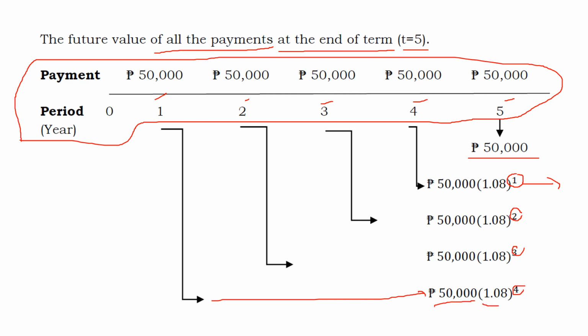That's why it's 1.08 raised to 4, so that will be your time or term, because after 1 year we're going to subtract from your time or term here. So that's why it is 4. We subtract 1 from 5 to make it 4. Because after 1 year, we're going to compute the future value, meaning to say that your time or term will be less by 1 year.